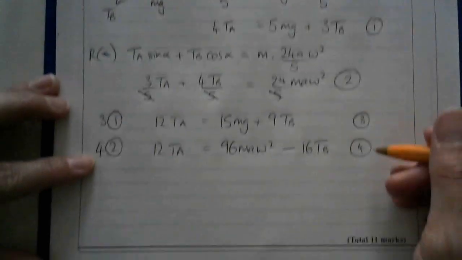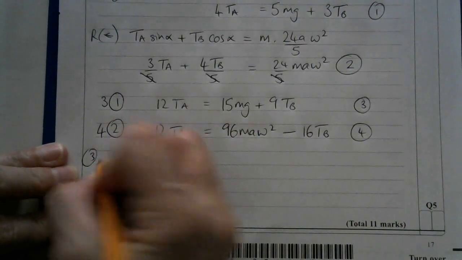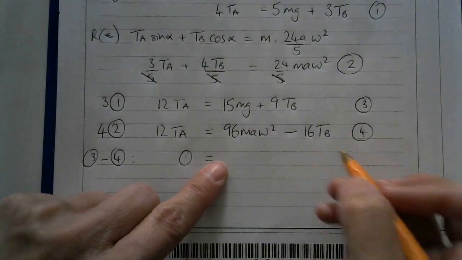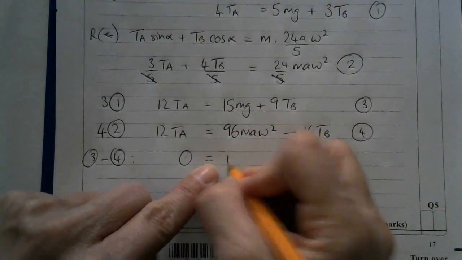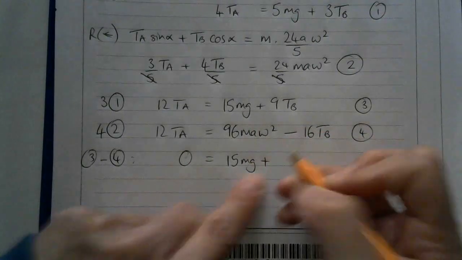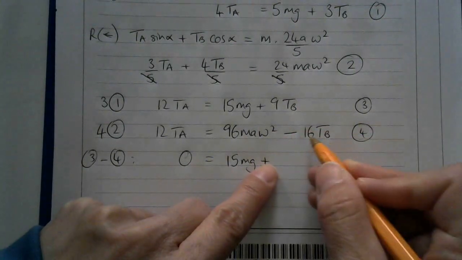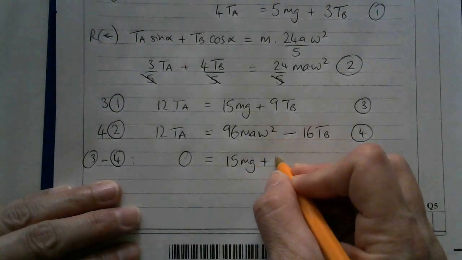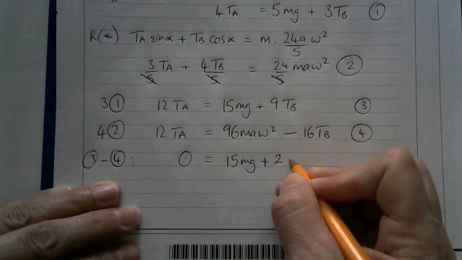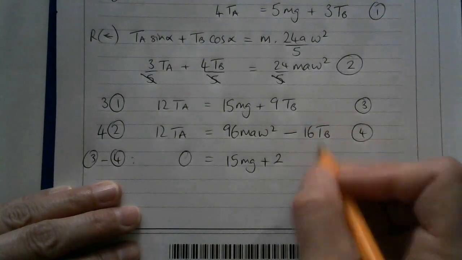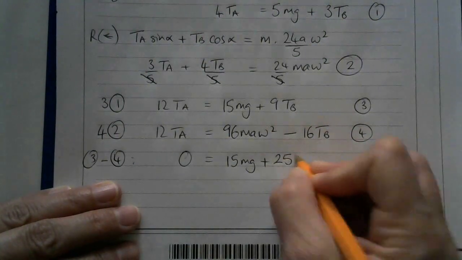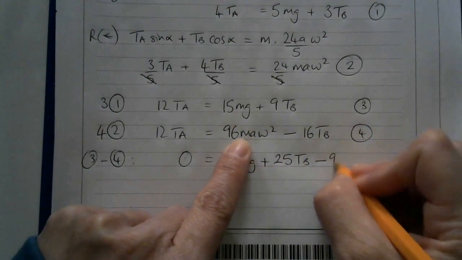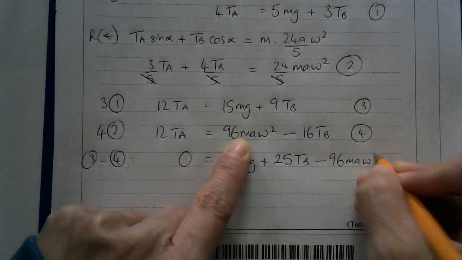So let's call this 3, let's call this 4, and now I'm going to do 3 take away 4. So 3 minus 4 gives me that minus that, nothing. 15 mg plus, then I've got 9 TB minus negative 16 TB, so 9 plus 16 is 25 TB, minus this 96 MA omega squared.